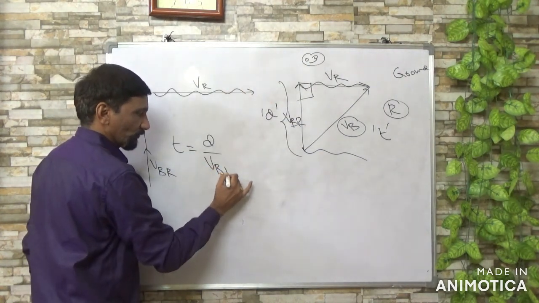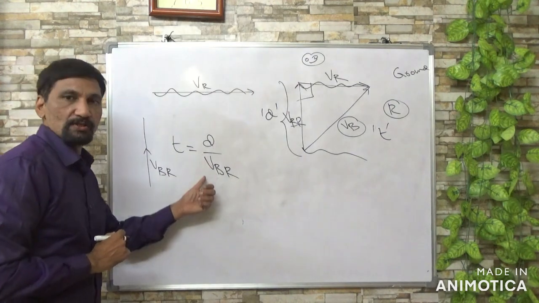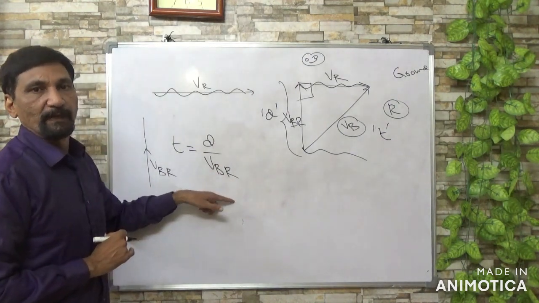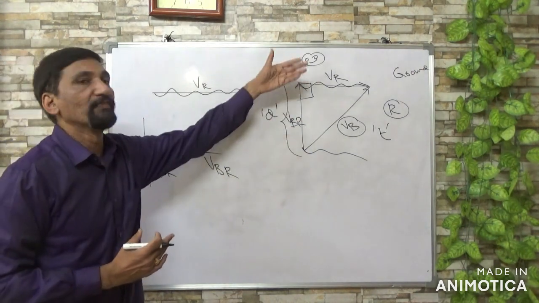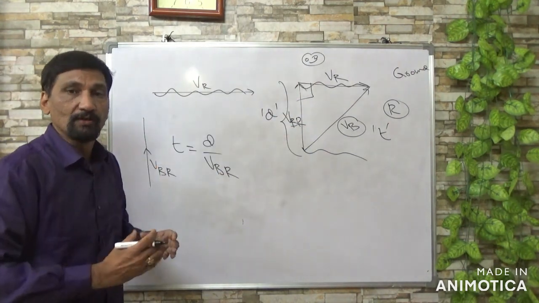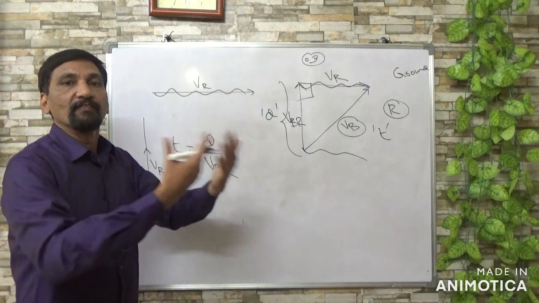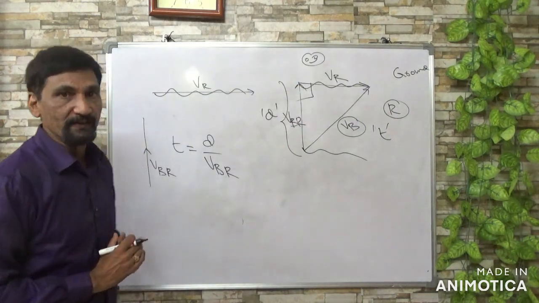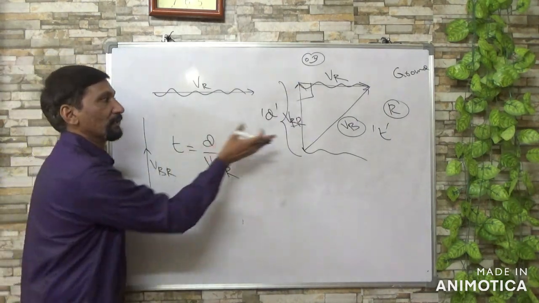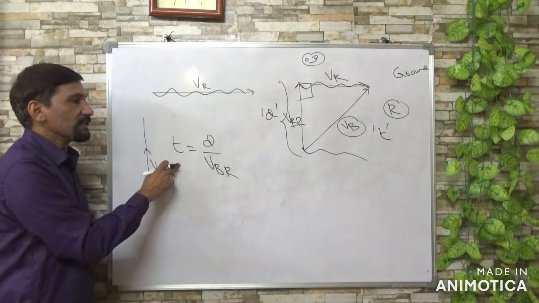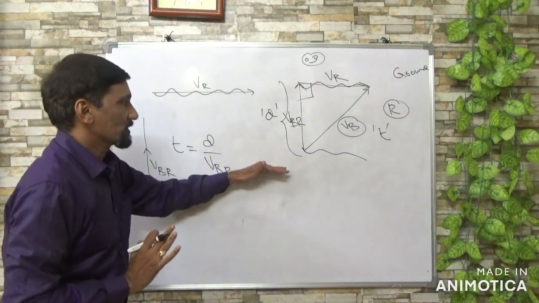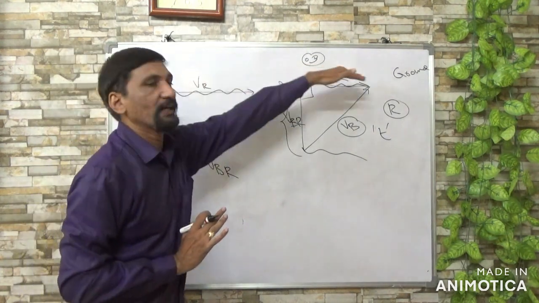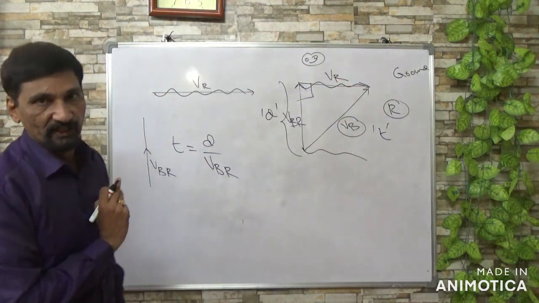V_BR means velocity of boatman with respect to river, because in the river he can only compare his speed with reference to river. So time taken to cross the river is T equal to D by V_BR, the velocity of the boatman with reference to river.